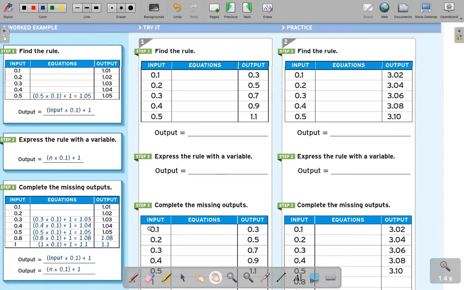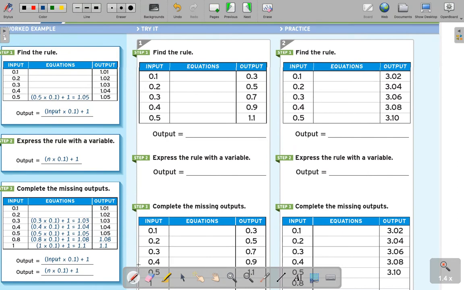So the first one is number 1. So now grab your pencil, and we're going to work this out together. So let's take a look at these inputs. So I'm starting with input 1/10, and I do something to it in here, and it equals 3/10. Well, don't write quite yet, but this is going to be a little bit of trial and error.